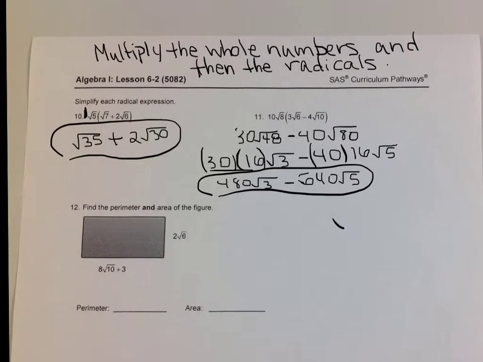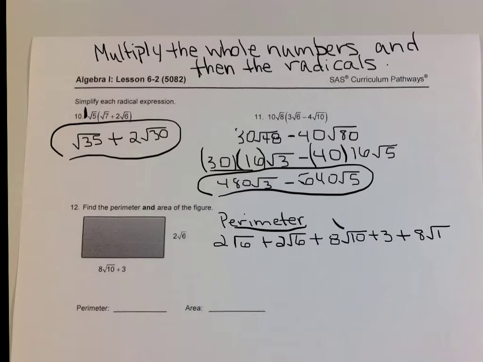Number 12 asks you to find the perimeter and the area. To find the perimeter, we know we need to add all the sides. So we're going to add 2 times the square root of 6 plus 2 times the square root of 6 plus 8 times the square root of 10 plus 3 plus 8 times the square root of 10 plus 3.